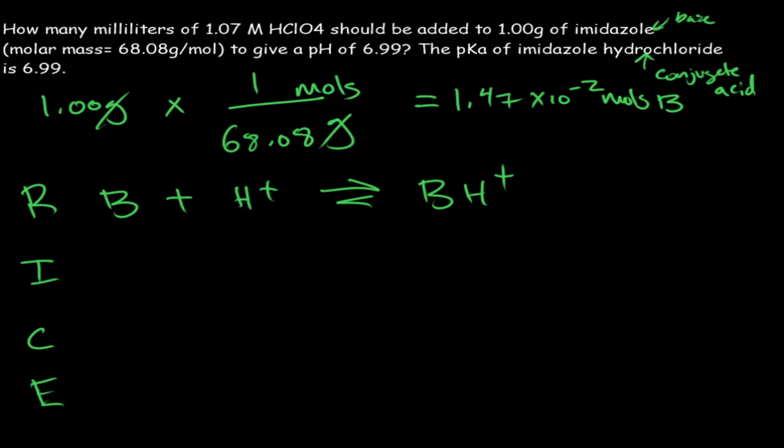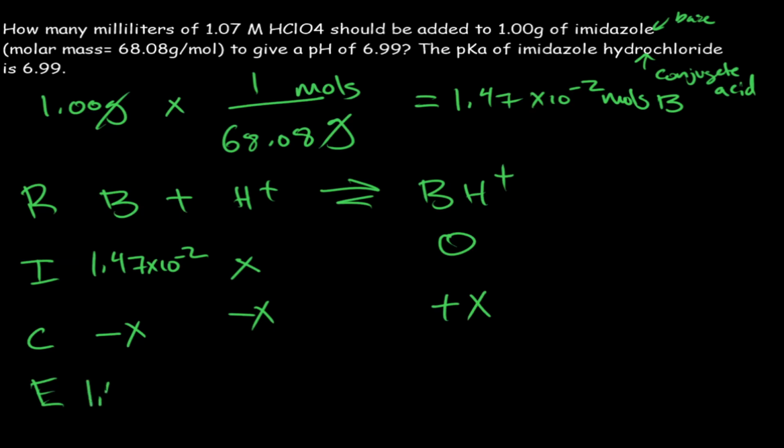Our initial amounts: we know our base is 1.47 times 10 to the negative 2. We know that we have to be adding some acid in our flask to make this reaction occur. And we know that we have 0 BH plus to begin with. And our change would mean we'd be losing that certain amount of acid to our base because it would be completely used up, and would be creating that same amount as our conjugate acid.